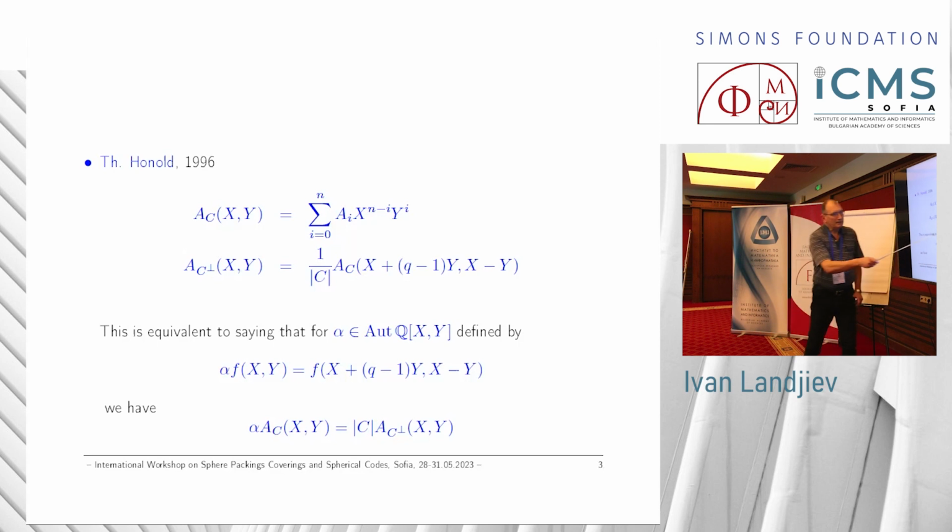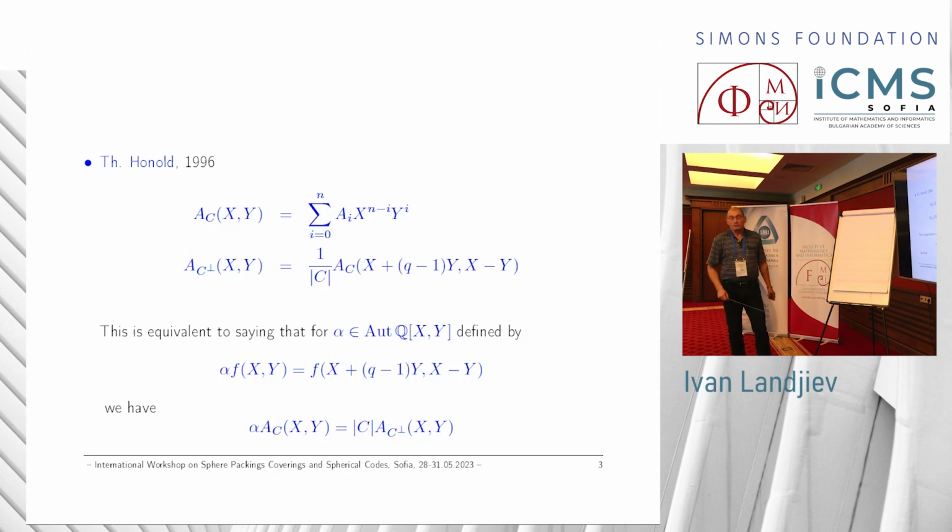If we consider this automorphism, the MacWilliams identities are equivalent to the following statement. The image of the weight enumerator of the code C is |C| times the weight enumerator of the orthogonal code. This is the same thing. So, a certain automorphism of this ring sends weight enumerators to weight enumerators of the orthogonal code. This is one form of the MacWilliams identity.